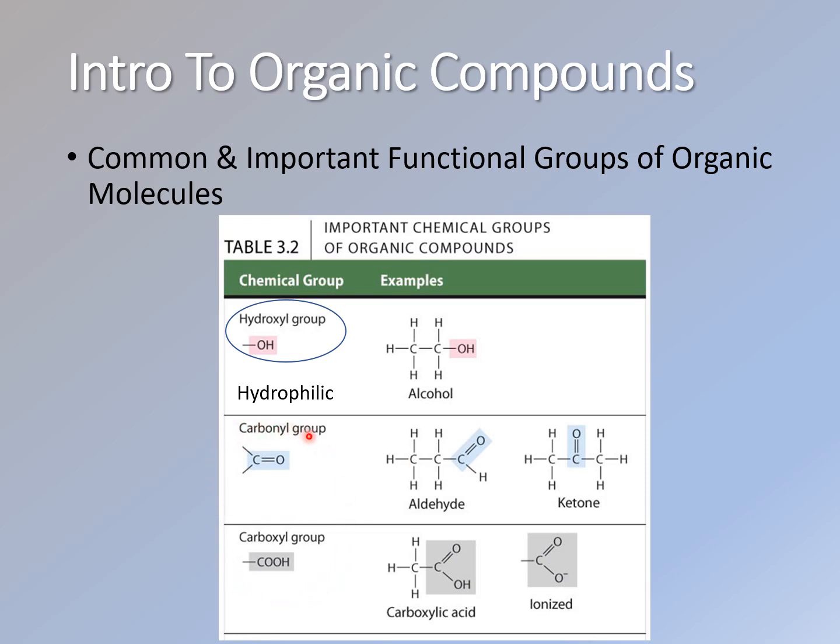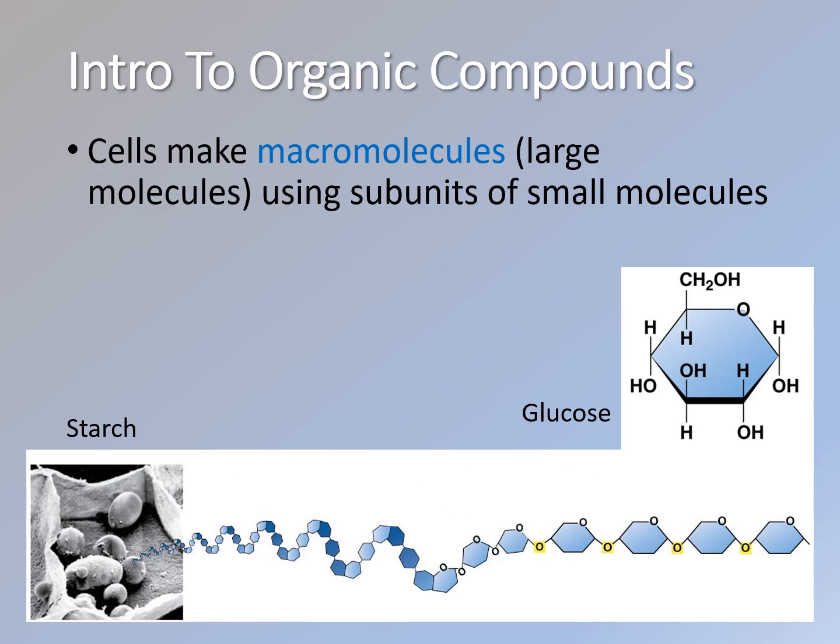For example, this is alcohol, and because it has that OH hydroxyl group, alcohol dissolves in water. There are other functional groups as well, such as a carbonyl group, which is a double bonded carbon to an oxygen, or a carboxyl group, which has that double bonded oxygen and an OH. So again, you have these different functional groups that give that compound specific properties, okay? And being hydrophilic or hydrophobic is one of the properties that a compound can have.